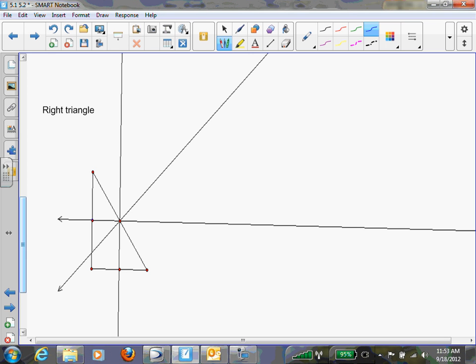Here is my perpendicular bisector to this side. Here is my perpendicular bisector to this side. Just perpendicular to that side.